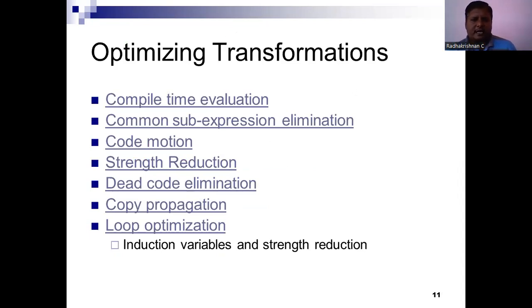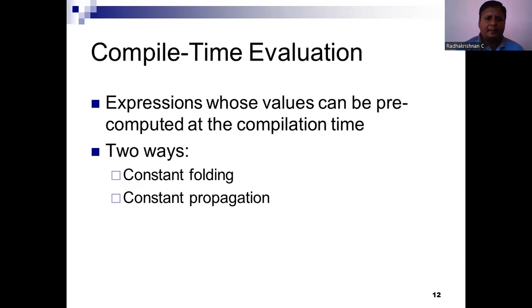Optimization transformations can be categorized in the following way, also called the principal sources of optimization: compile time evaluation, common sub-expression elimination, code motion, strength reduction, dead code elimination, copy propagation, and local optimization. Compile time evaluation means that during compile time itself the evaluations are carried out, so expression values can be pre-computed at compile time.